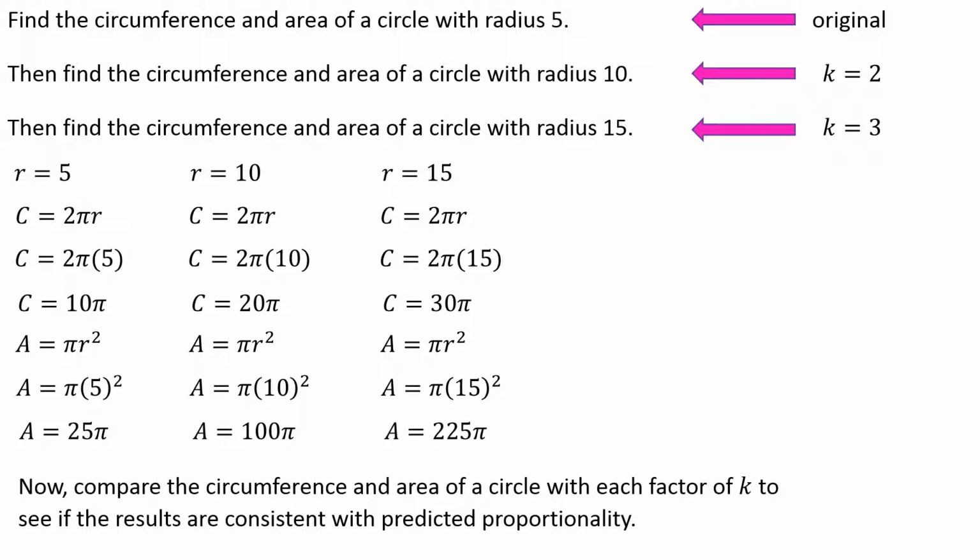So we've got our original dimension of 5, and then we use the scale factor of 2, k equals 2, because 5 times 2 is 10, and then we use a scale factor of 3, because 5 times 3 is 15.